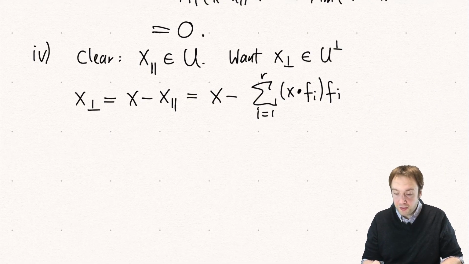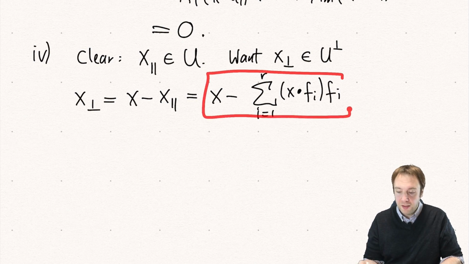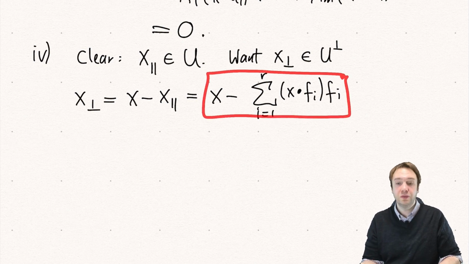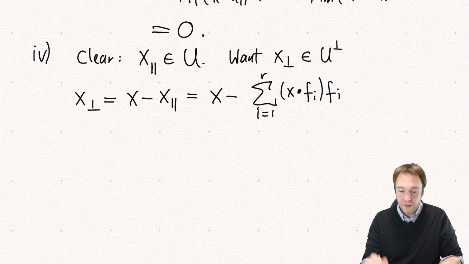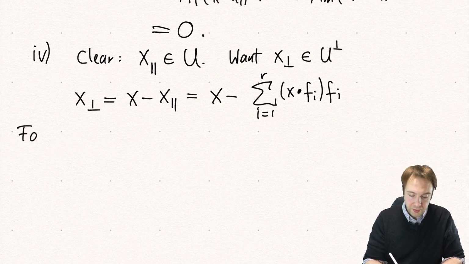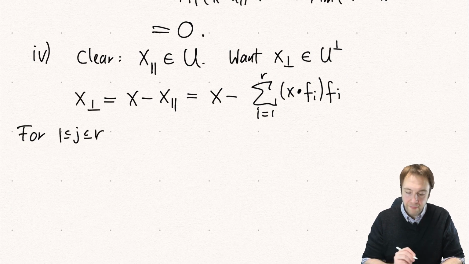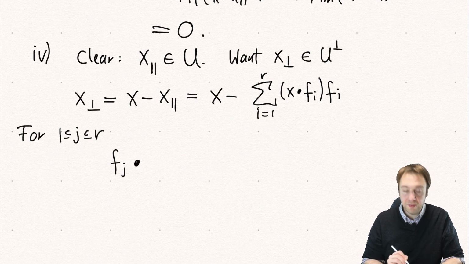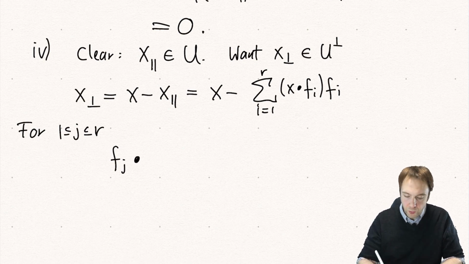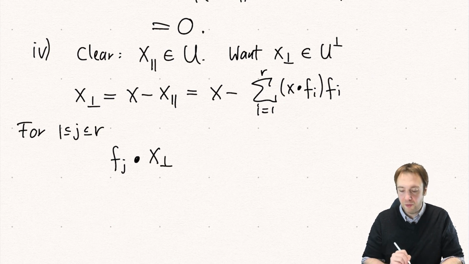So we want to check if this vector here is orthogonal to the basis elements. So we need to check for all basis elements that if I take the dot product of some basis element Fj with the X orthogonal, this is 0.